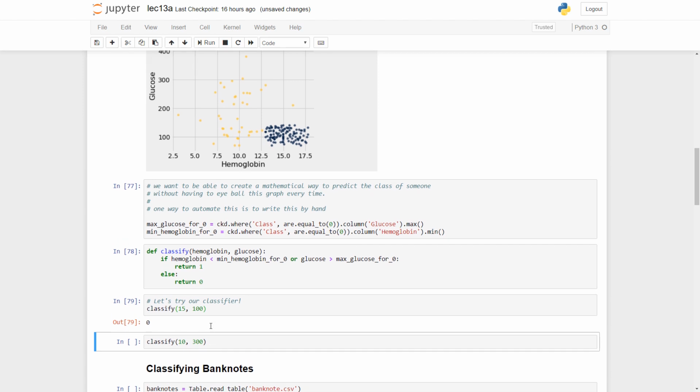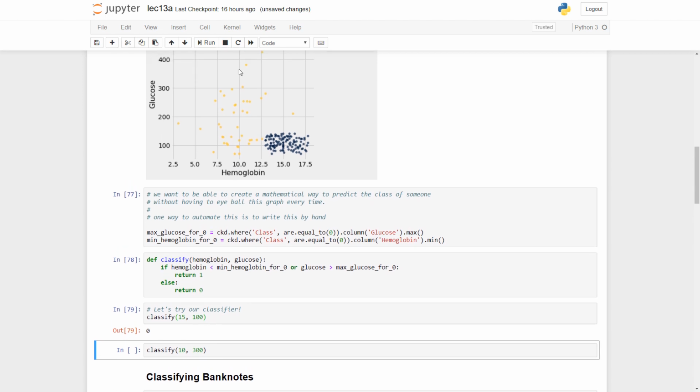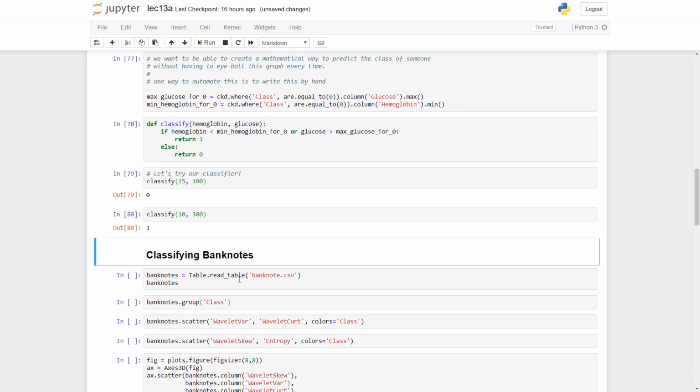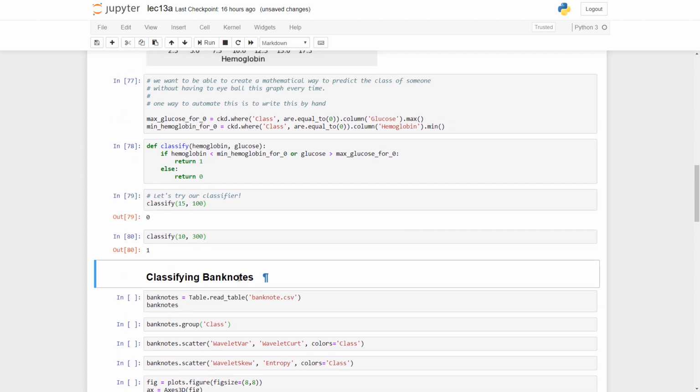If we classify 10 and 300, this is 10 and that's 300. So somewhere here, it should be class 1. Okay, so that's based on the manual classifier that we built. Of course, we want to automate something like that, but that's just a motivating example to show how classifiers actually work. Another example is about banknotes.